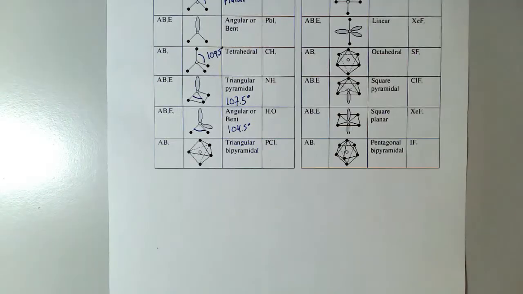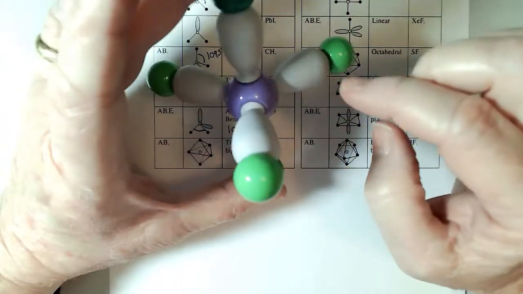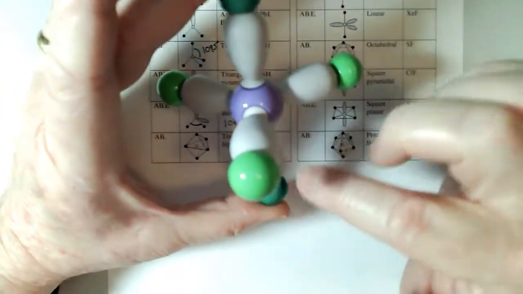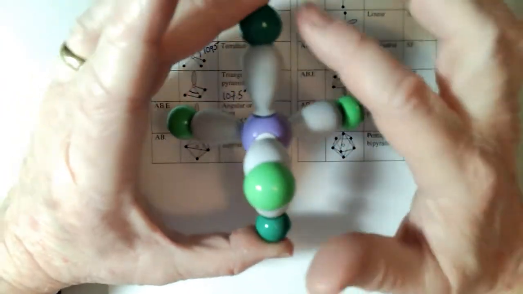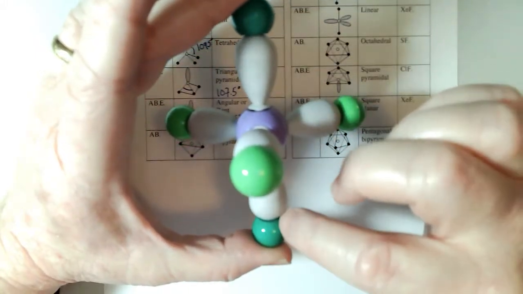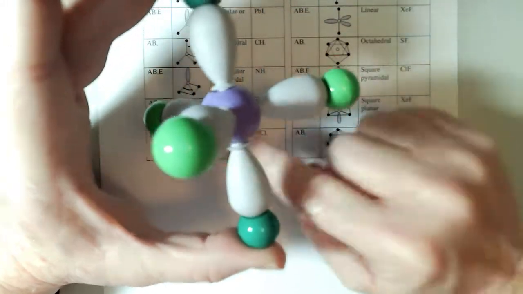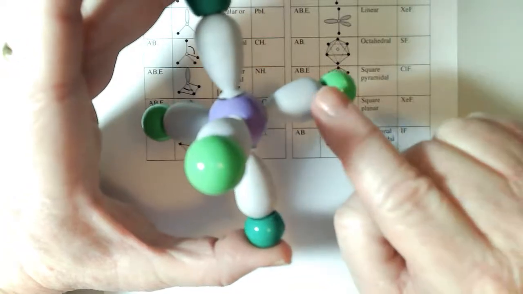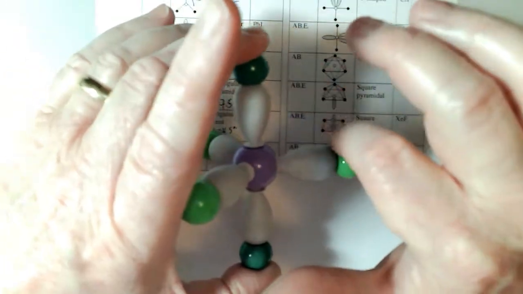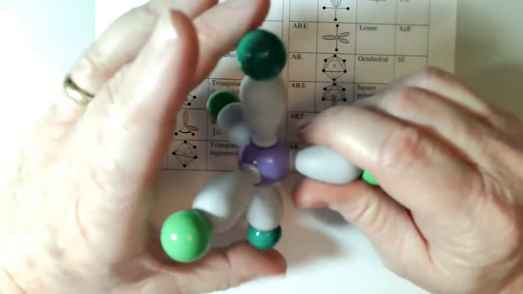Now, to put 5 things around the central atom, you're going to have these two, which I've done in darker green, going up and down, which are 180 degrees from each other. Then you're going to have 3 that go around the middle, which are 120 degrees from each other, and are 90 degrees from the ones going up and down.